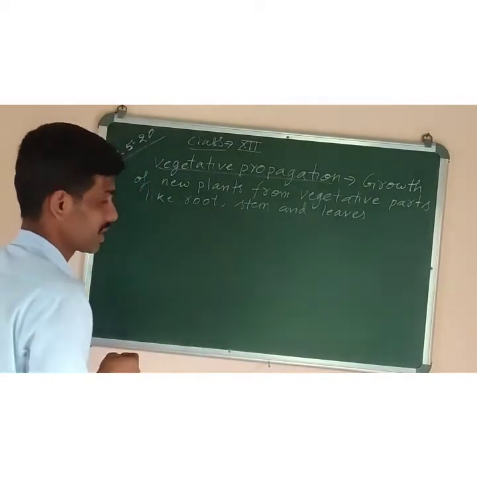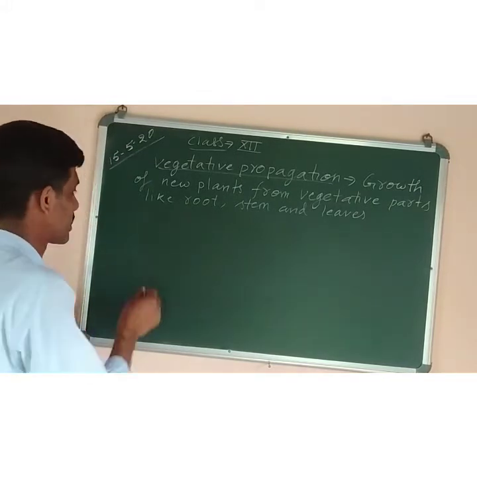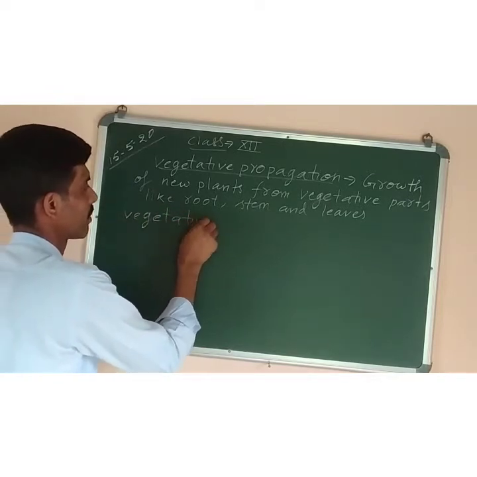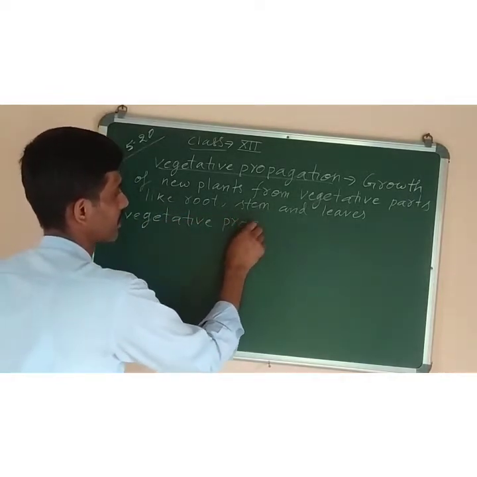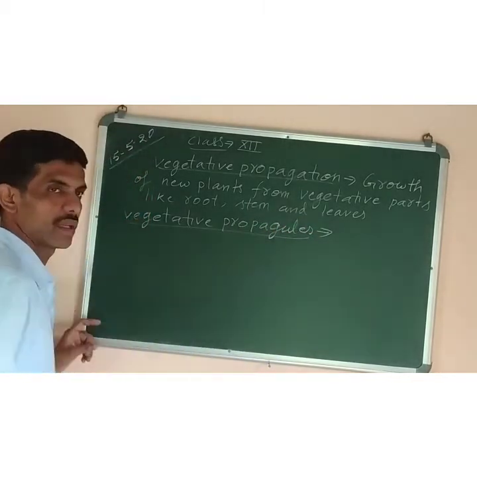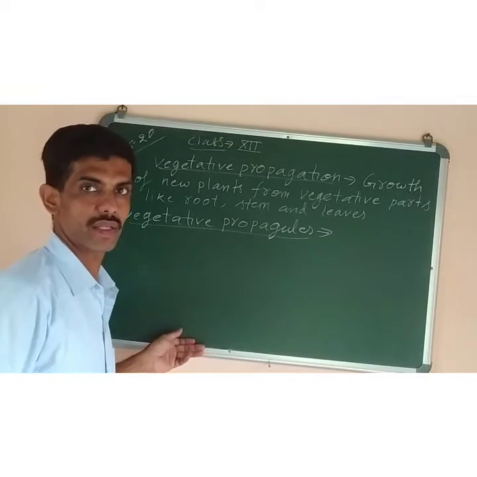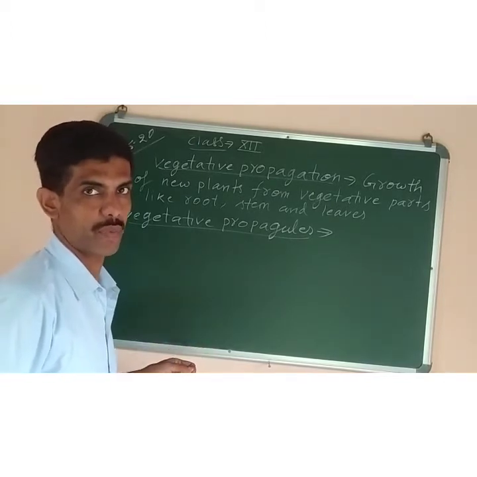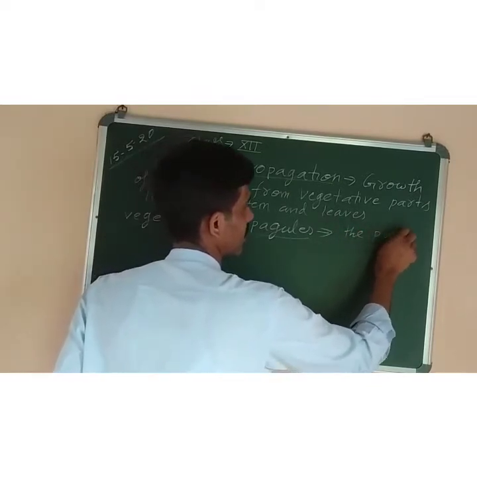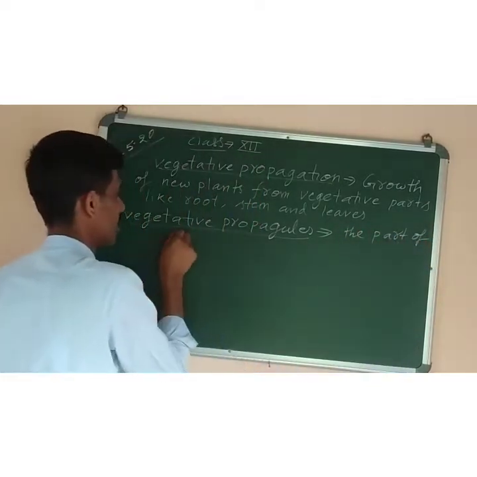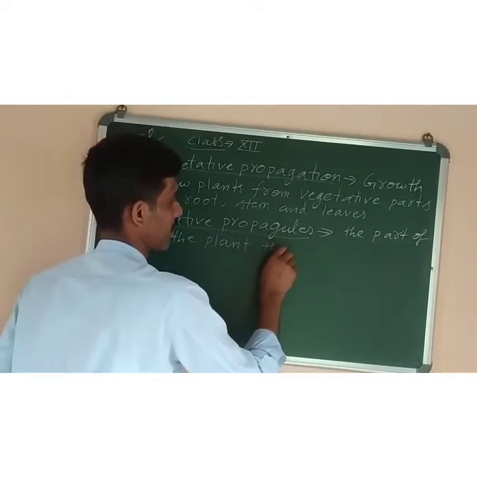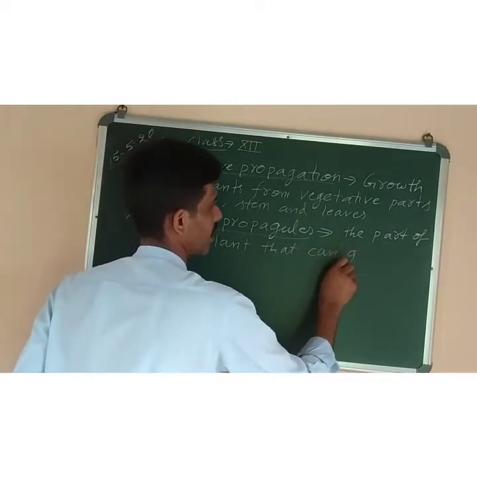Now one term is there which you need to learn. What is vegetative propagules? Vegetative propagules means those parts of the plants that can help in vegetative propagation, like the part of the plant that can develop into a new plant.